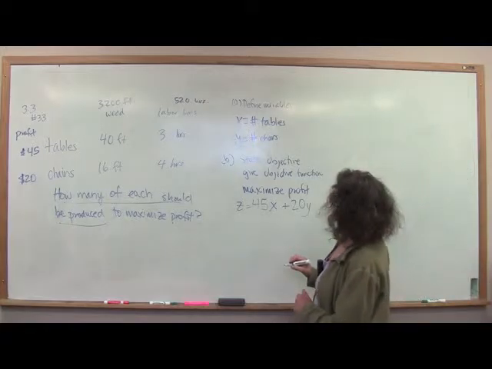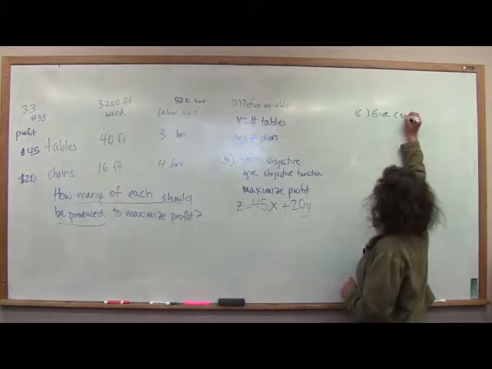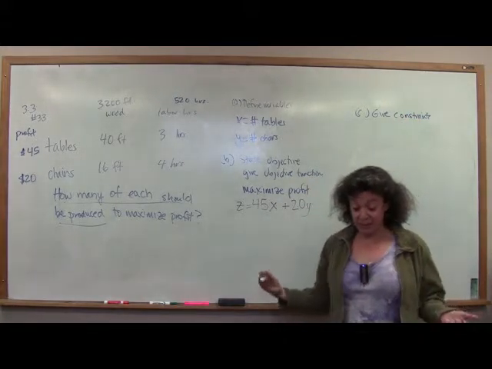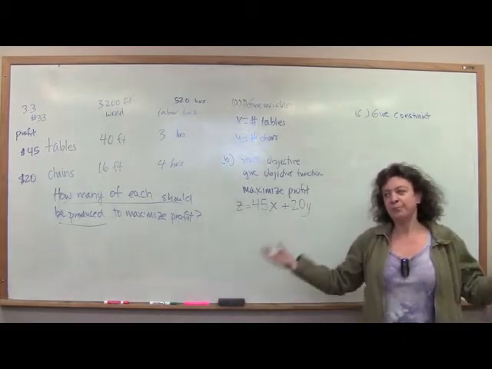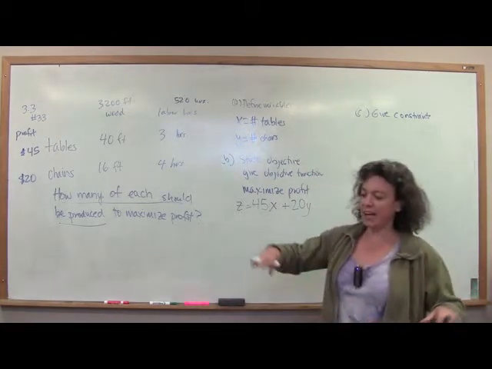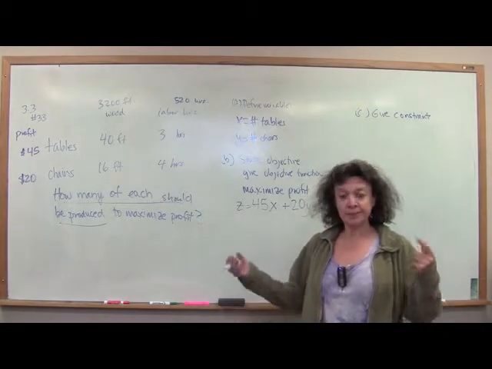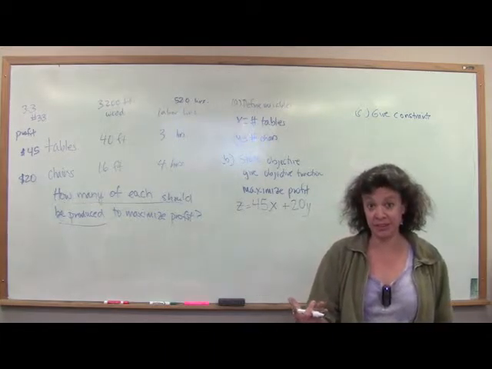Now the last part is to give the constraints. Obviously, we're limited by certain things. Yes, we want to maximize our profit, so in an ideal world, we would have people working endlessly and we would have an endless amount of wood with which to make these things. But we're constrained by certain things.